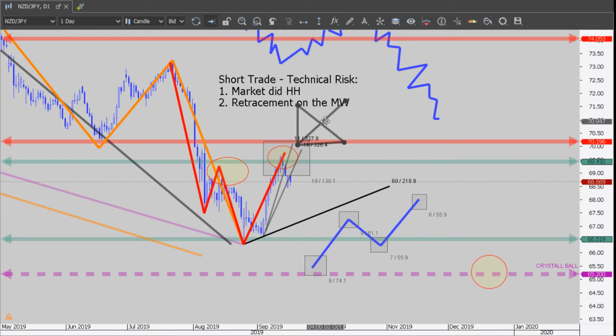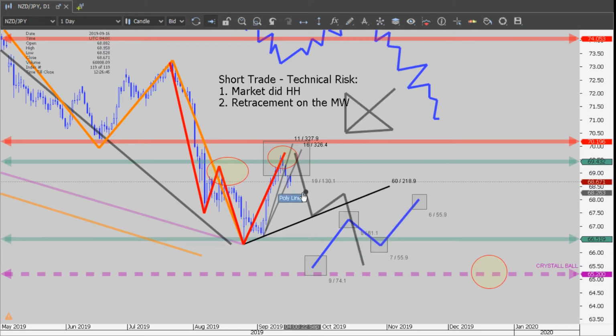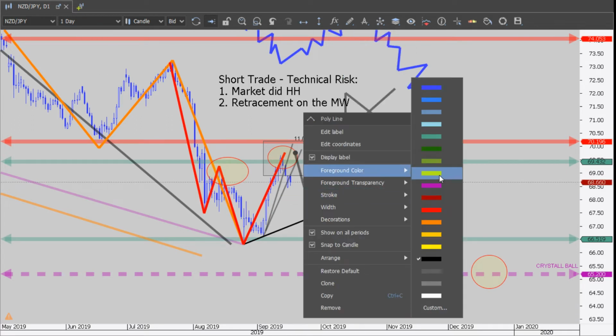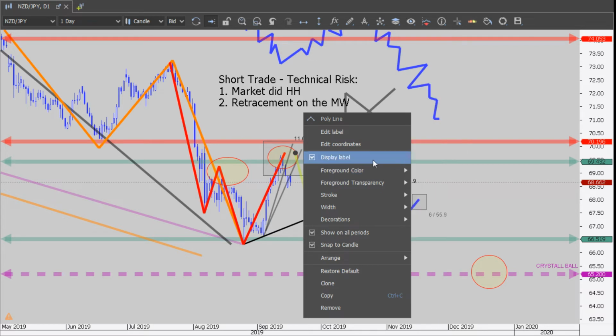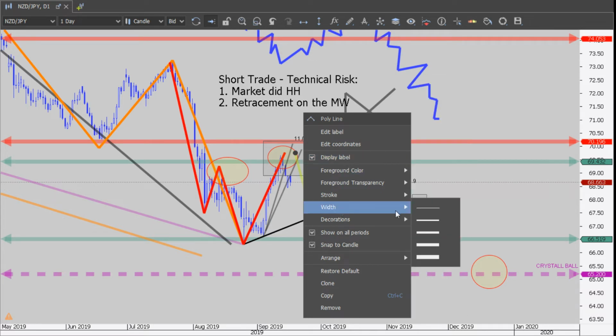From the daily chart, maybe we're going to check even the 2-hour time frame, but from the daily standpoint, the question is how important, how relevant is this higher high? Is this just part of a retracement and the market is going to break down, or is this the first leg of a short-term uptrend?